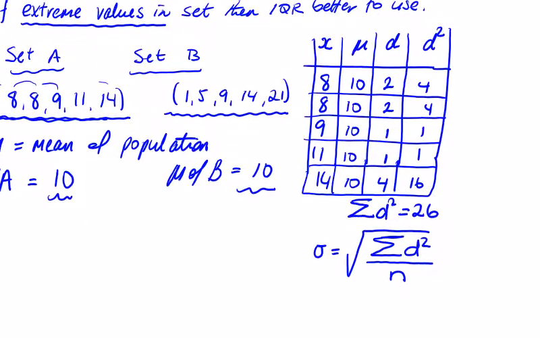So what we have here for sigma is the square root of 26 over 5, which is the square root of 5.2, which is 2.28. So my average spread for each value in set A away from the average is 2.28 by standard deviation.